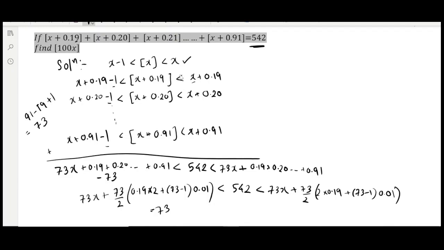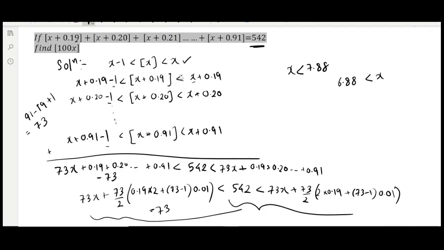So if you solve this term, it is less than 542, and by sending all these terms and the 73 to the other side, you will get that x is less than 7.88. And if you solve this term by sending it to the left side, you will get that x is greater than 6.88.